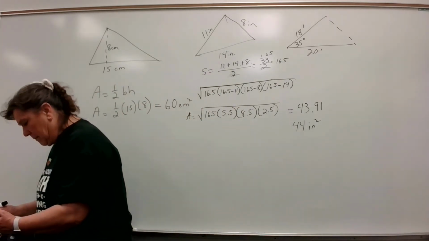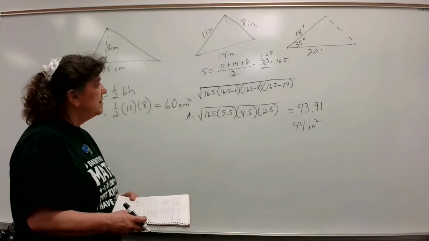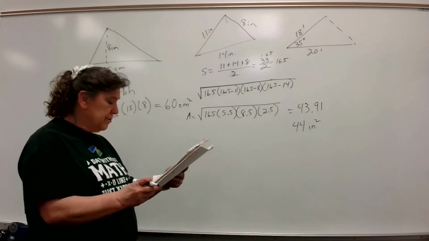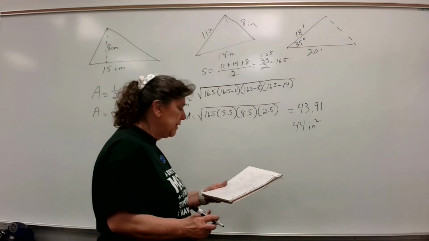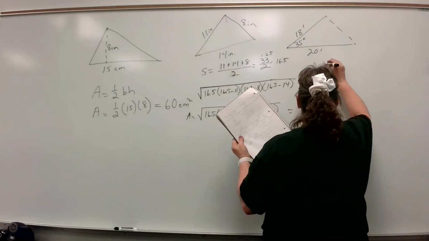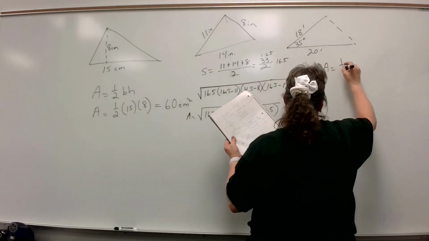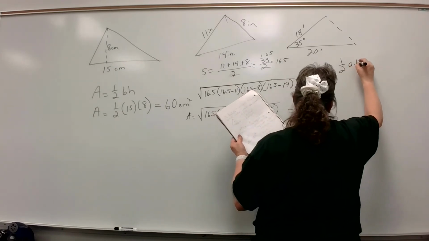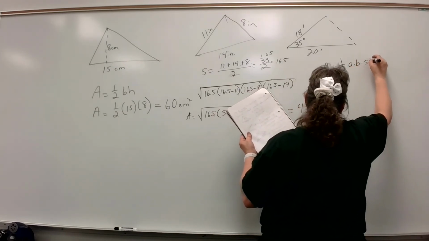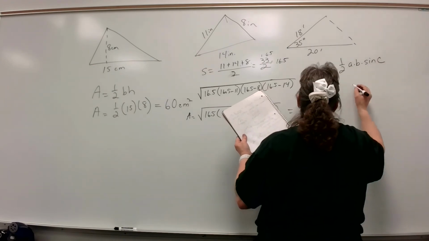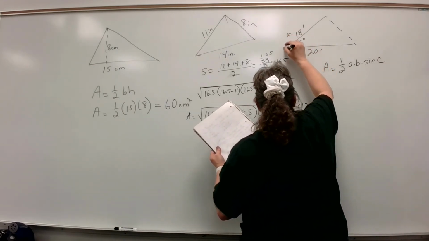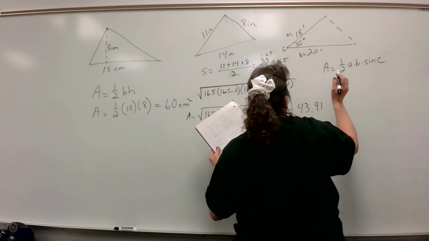Okay. So, that's the second one. Now the third one. That's going to use our trig formula, which remember is my area is equal to 1/2 A times B times the sine of my angle C. This is A, C, and B. Okay?